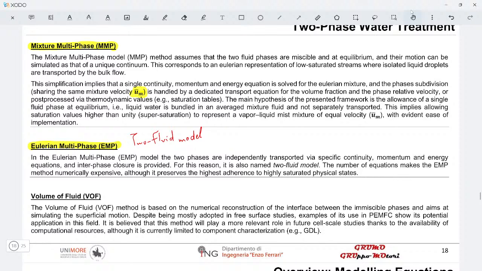Finally, volume of fluid. These volume of fluid models are extremely used in engineering simulations. And in these models, which are not properly Eulerian, you are really trying to reconstruct the surface that separates the two phases.